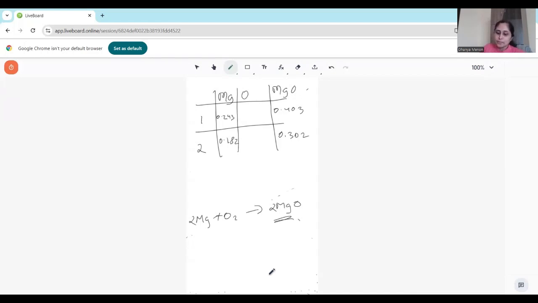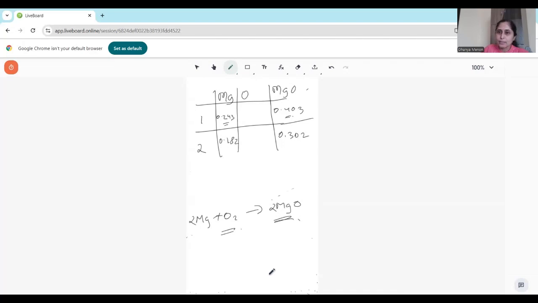Here, how do we get the amount of oxygen? Let's talk about the first experiment: magnesium oxide is 0.403 and magnesium is 0.243. How can you get oxygen here? Can we subtract it? Product minus the reactant.